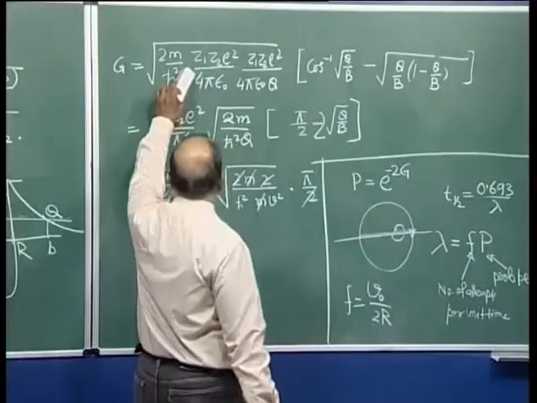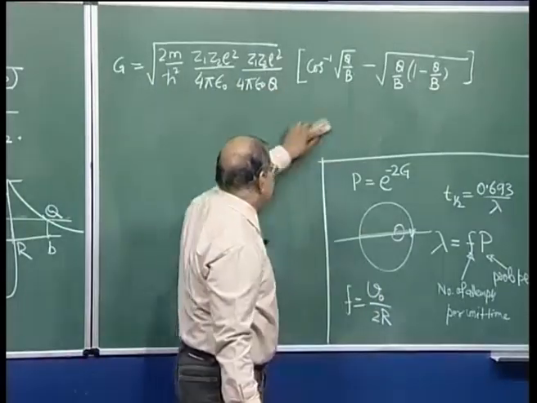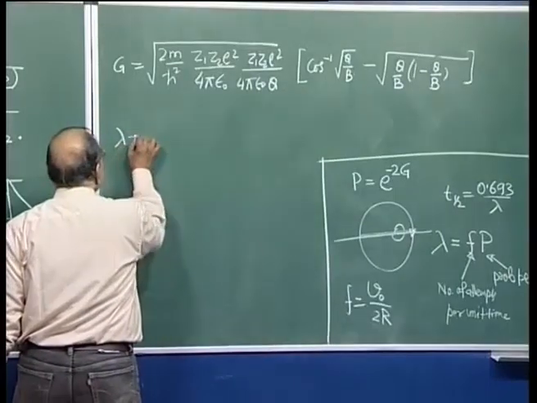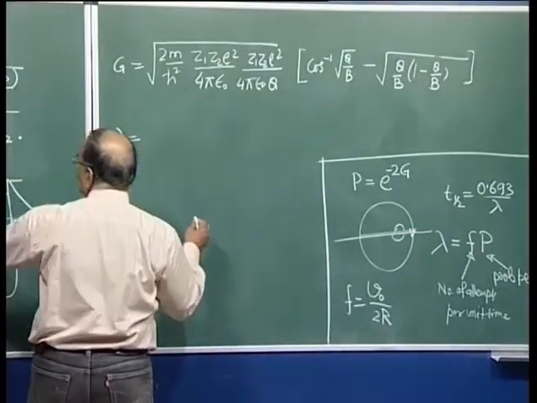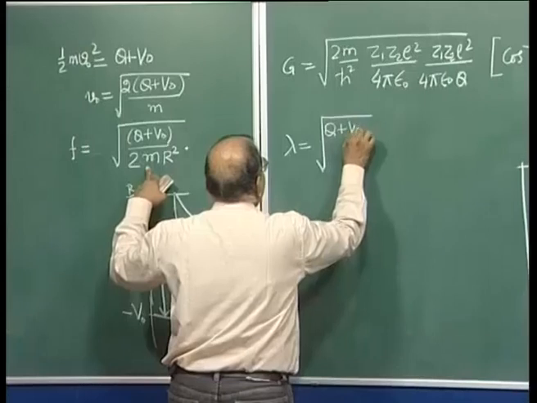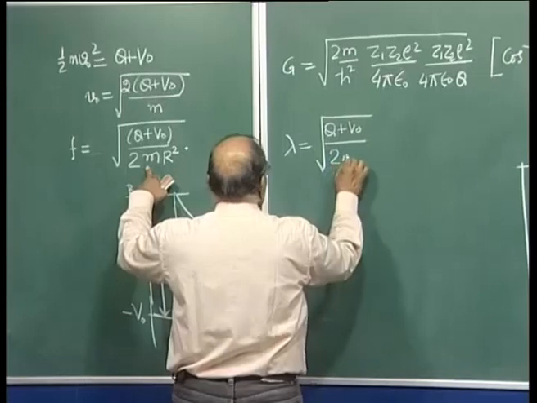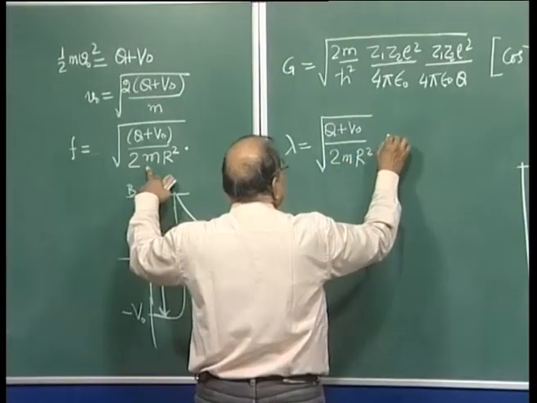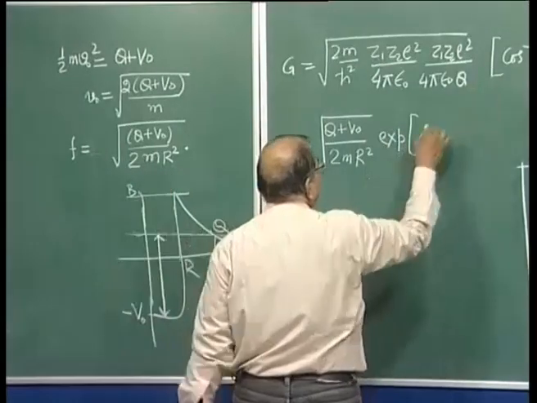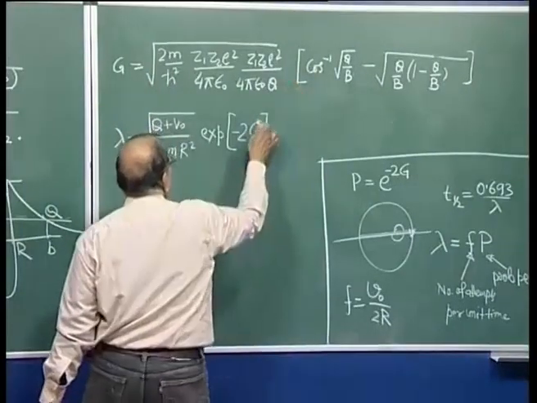G is already here, and I take this expression, whichever level of approximation you want. So, lambda is equal to f, where f is the square root of Q plus V naught divided by 2 m R square, and then p is e to the power minus 2G, and here is G. So, this G will go here.